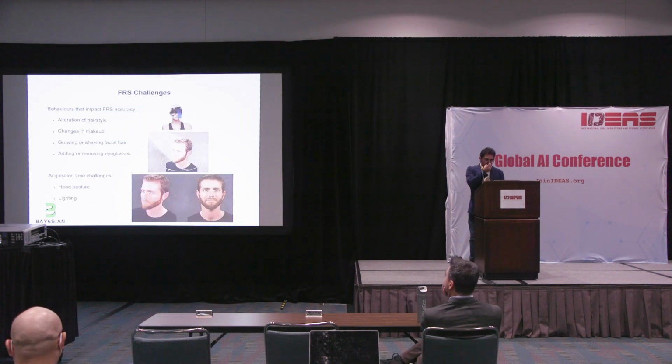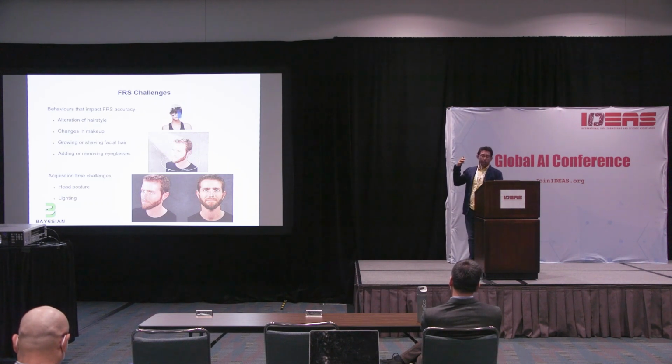There are some challenges here. The model will be misled, or it will be confused by some features that happen by humans, like for example with their behavior, if they have a different hairstyle, if they do makeup, if they grow a beard or the hair is growing, or if they have, for example, glasses.